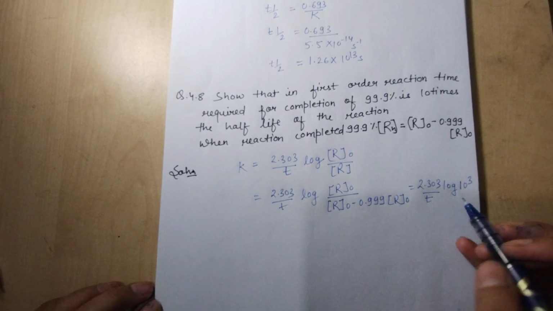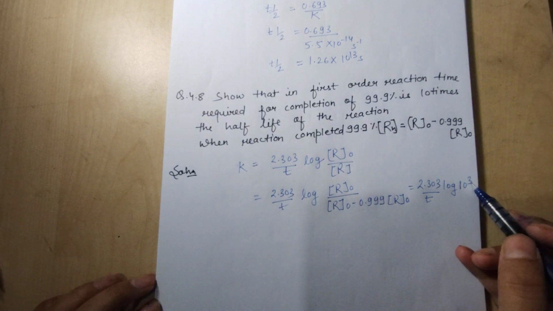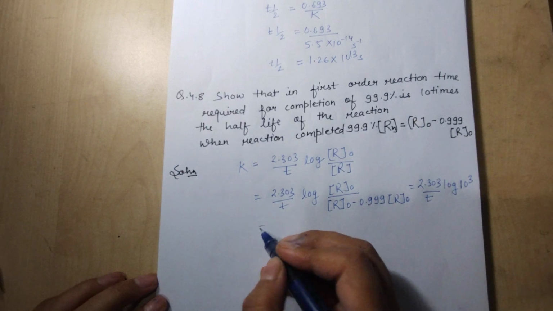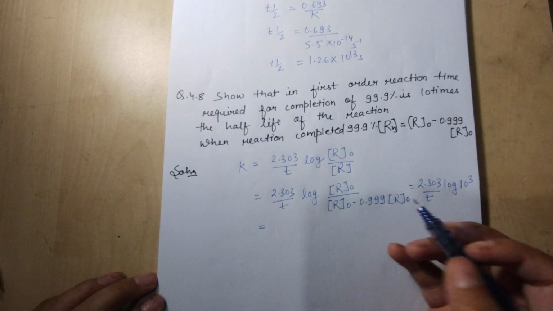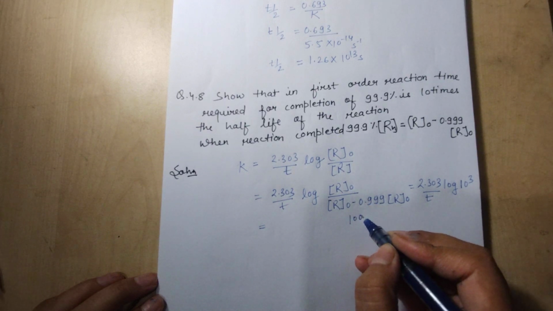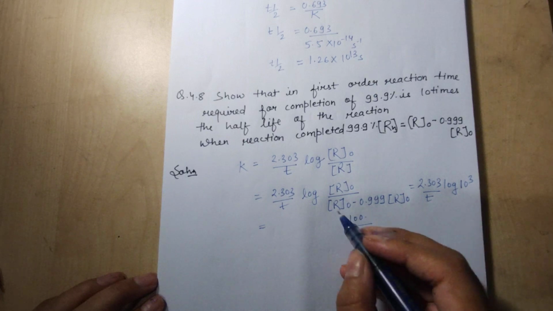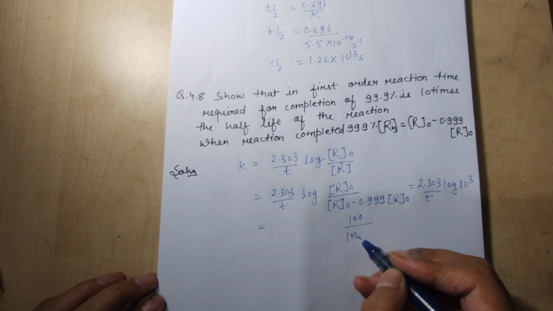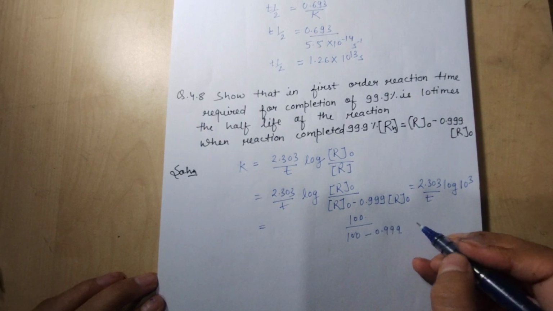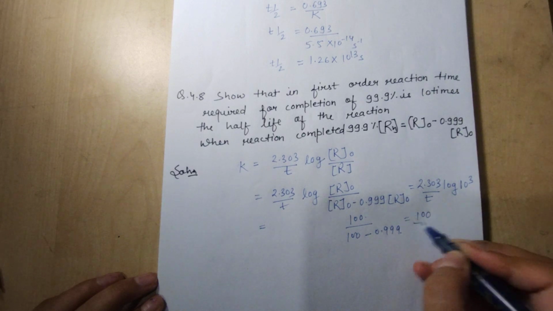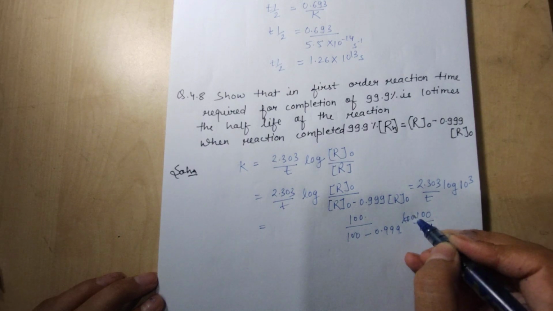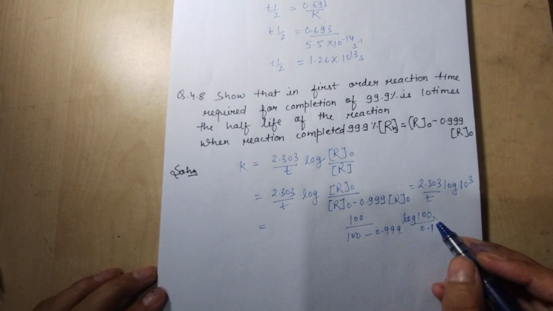How does this value become log 10 cube? As we put the value of the initial rate, let us suppose that the initial rate will be 100 and the final rate will be 100 minus 99.9. So after solving this, we get 100 upon 0.1 log, because we are calculating in terms of log.